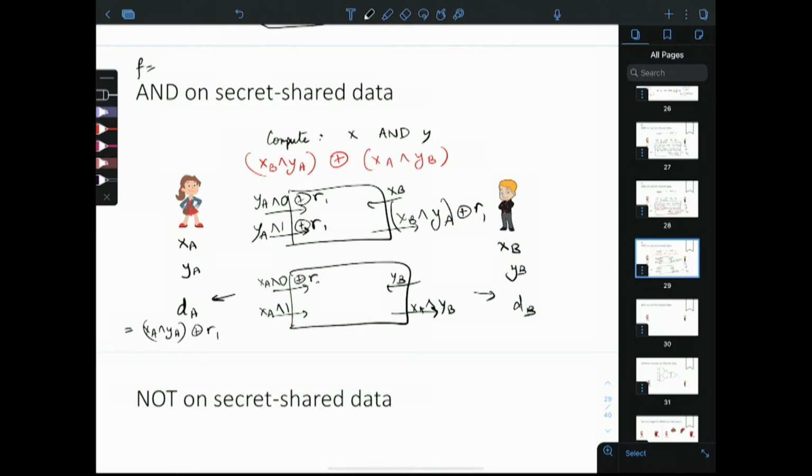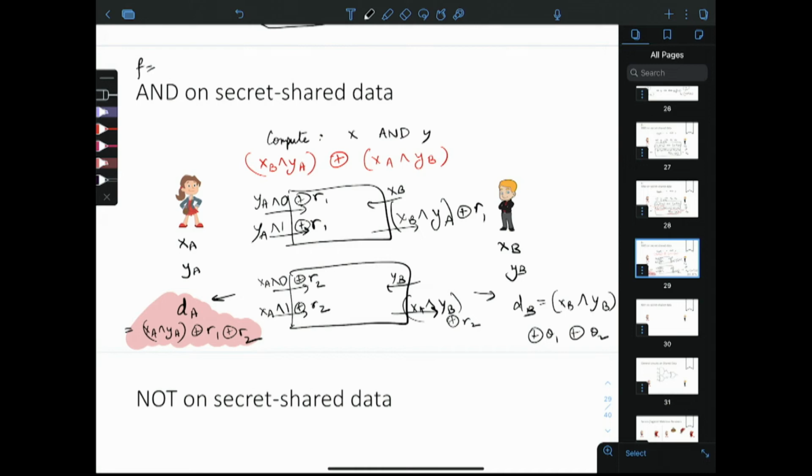And there's going to be another random bit used for the second OT, XORed with R2. So let me just shade. Alice's dA will look something like this. And Bob's share dB is going to be XB AND YB, XORed with O1, XORed with O2, where O1 and O2 denote the outputs he gets from these two OTs.